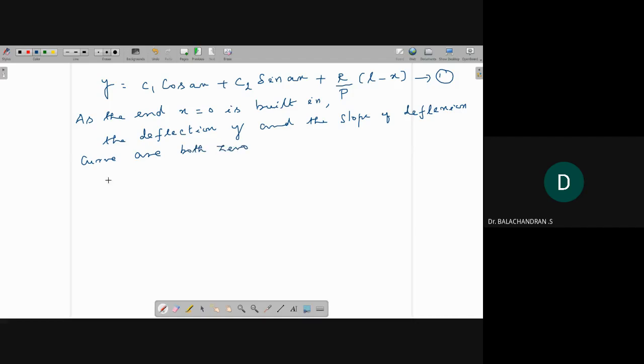Therefore y equals 0 at the fixed end, that is x equals 0. Similarly, dy by dx equals 0 when x equals 0.